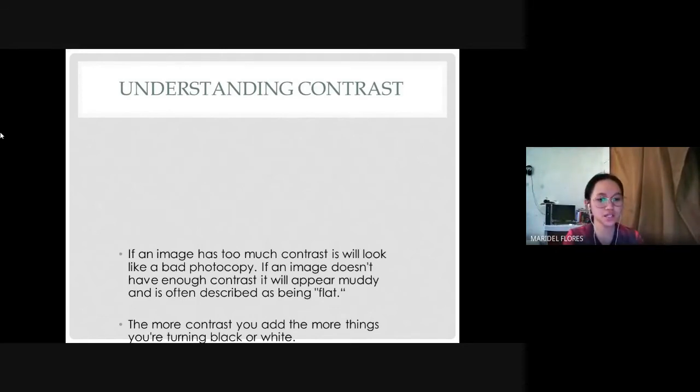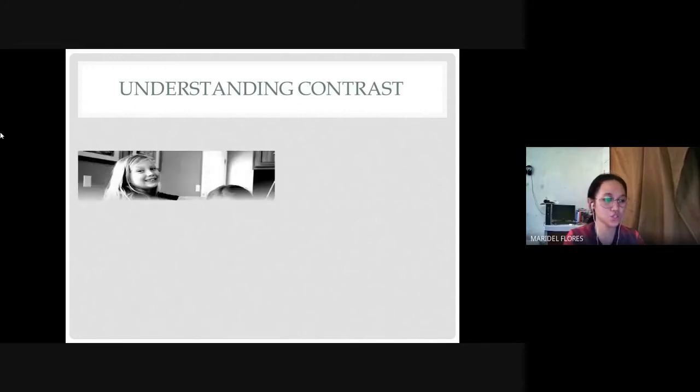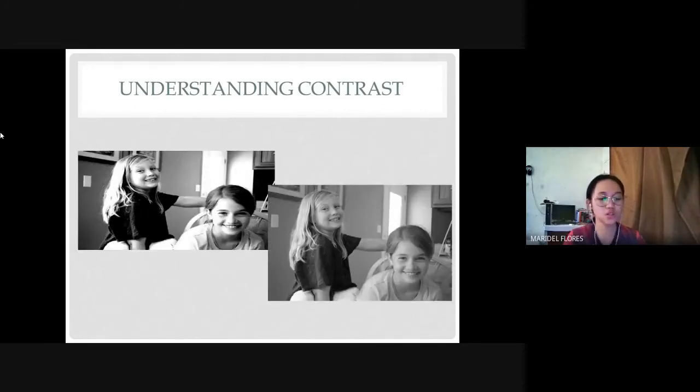So, this is the example image. This two right here is an example of a high contrast and a low contrast. This first image sa taas is an example of a high contrast. You add far too much contrast in it.